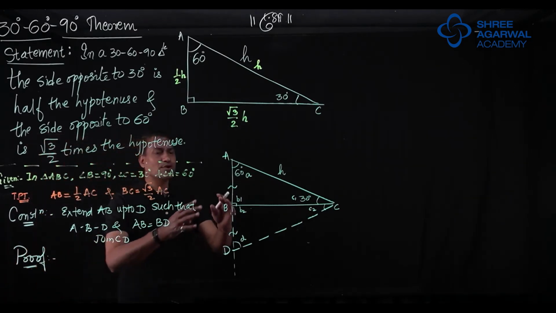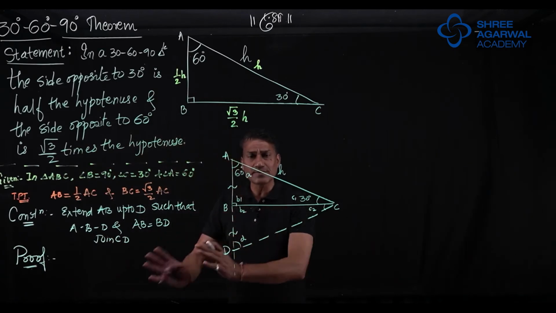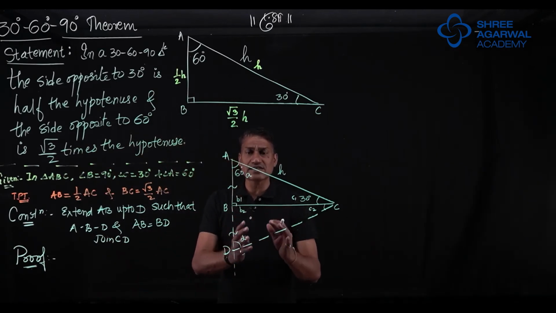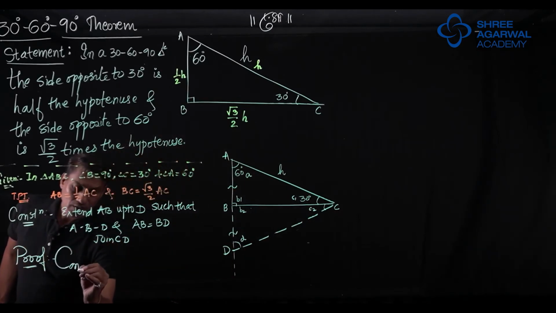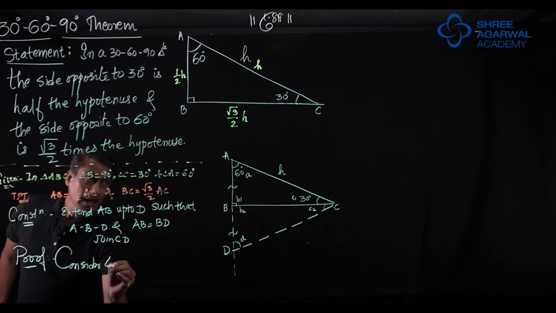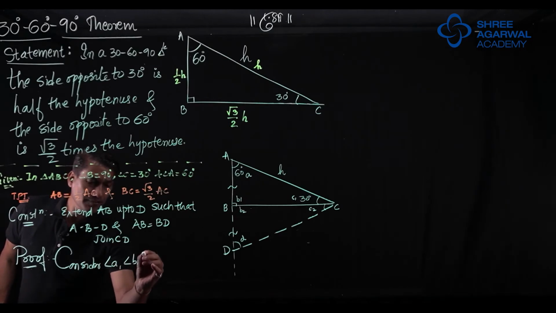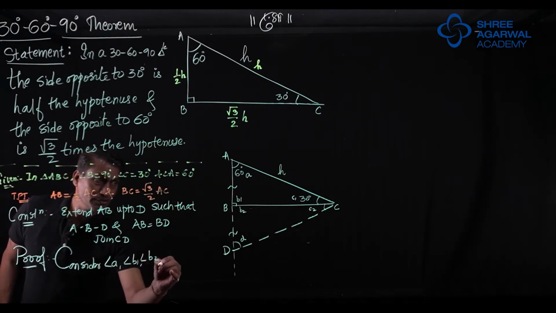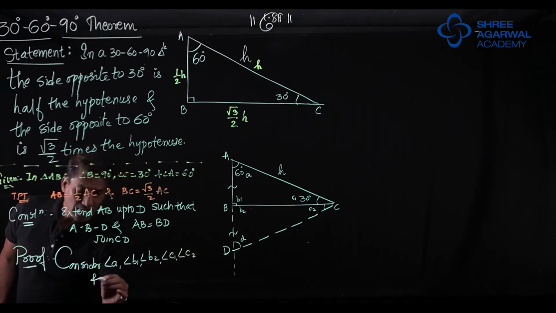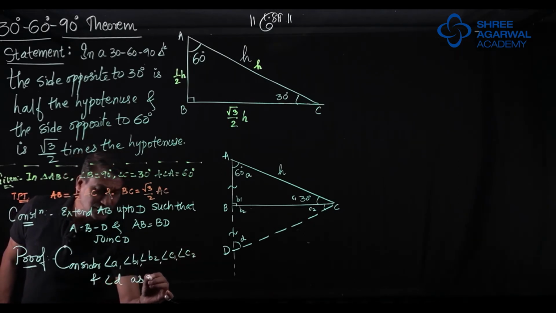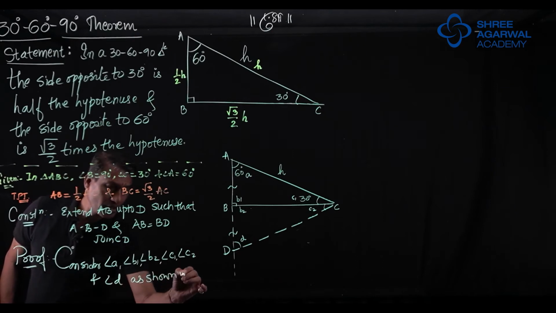Remember, whenever we are going to use small angles, we should tell them in the proof, please consider the angles as shown in the figure. So I am writing that. Consider angle A, angle B1, angle B2, angle C1, angle C2 and angle D as shown in the figure.